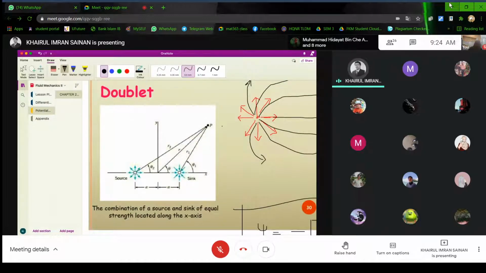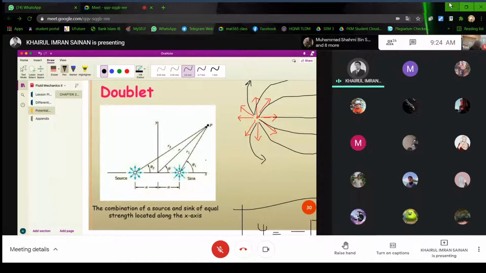Okay, the idea would be, this is P. P meaning this is where you see the source and sink. I mean the point of interest. So for the point of interest, the distance of source to the point of interest is R2, and distance of sink to the point of interest is R1.